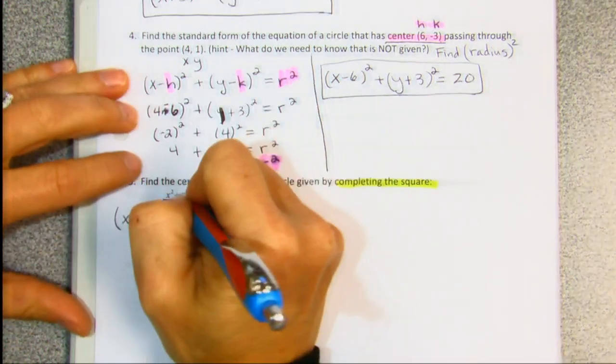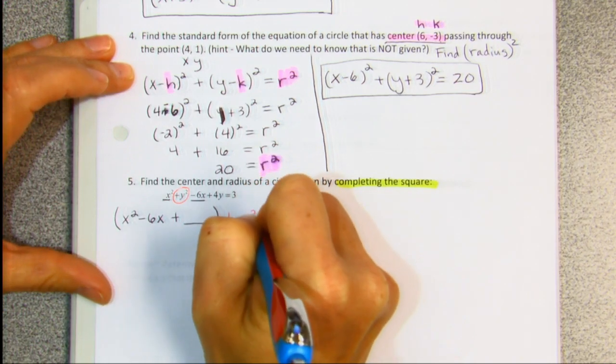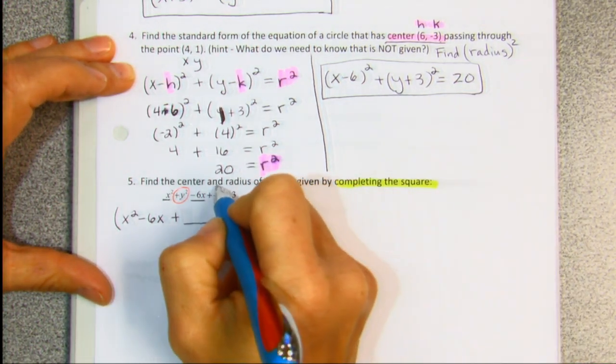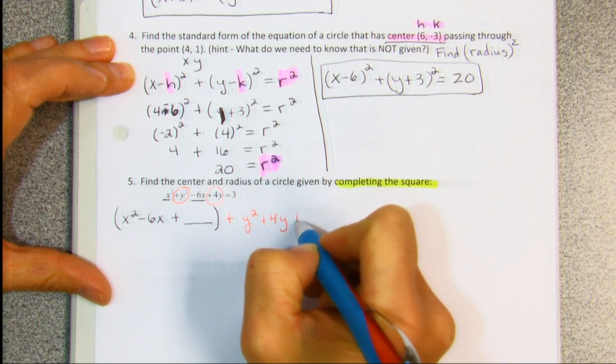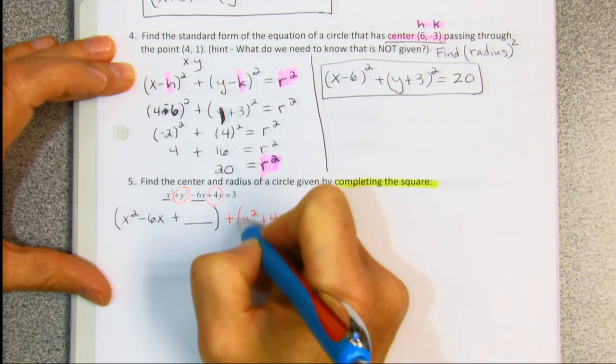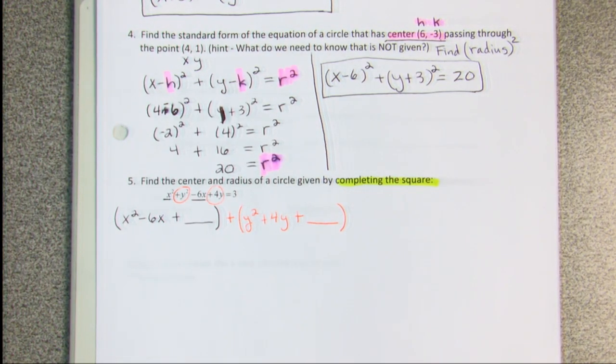And then we have a positive y squared, so write plus y squared. And we have a positive 4y, so plus 4y. And then I want you to do another plus a blank, and I would put that in parentheses too. It's just to separate it in your mind that these are x's and these are y's. So you're doing the same thing but to two different things.